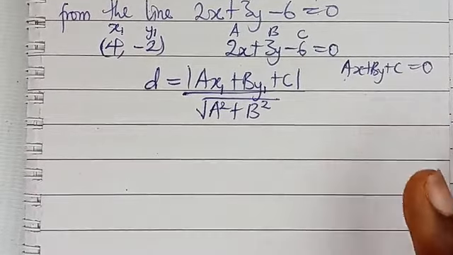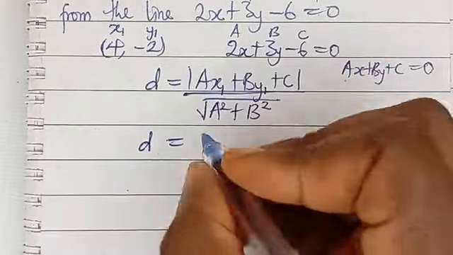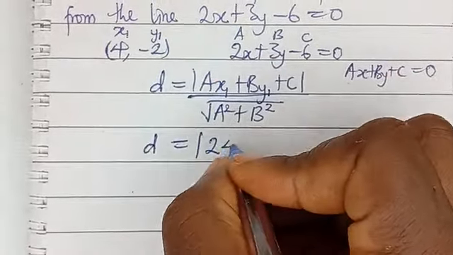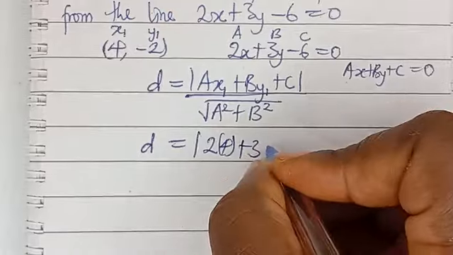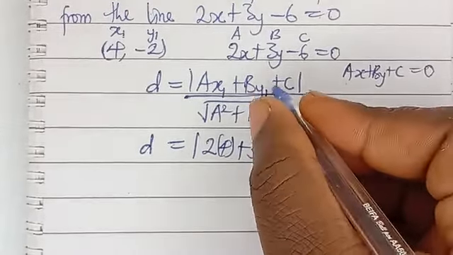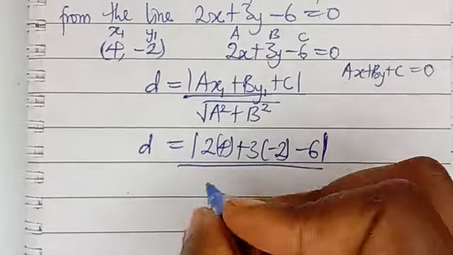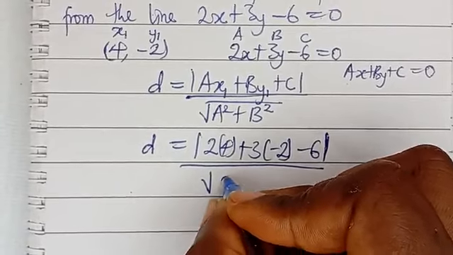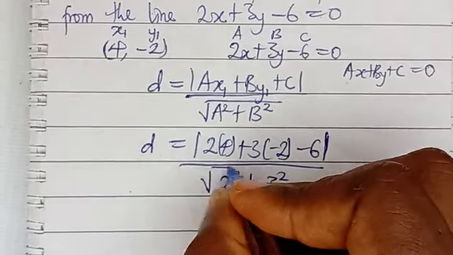The distance between this point and this line is equal to the absolute value of: a is 2, x1 is 4, so 2 times 4. b is plus 3, y1 is -2. c is -6. Over the square root of a, which is 2 squared, plus b, which is 3 squared.